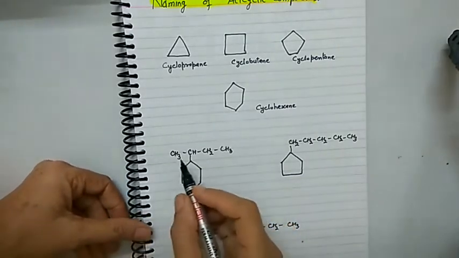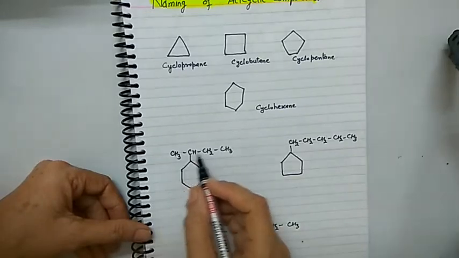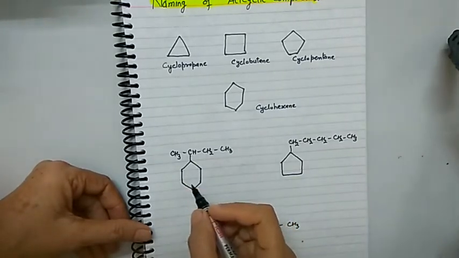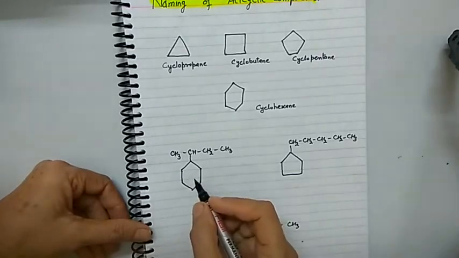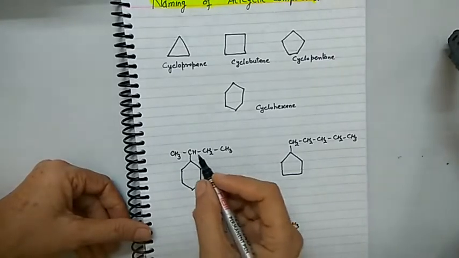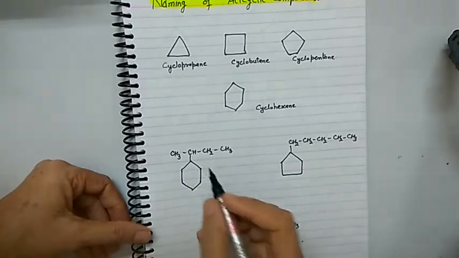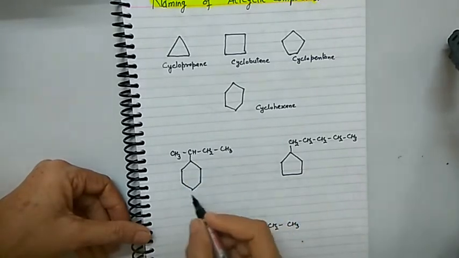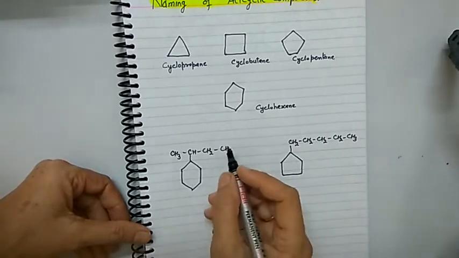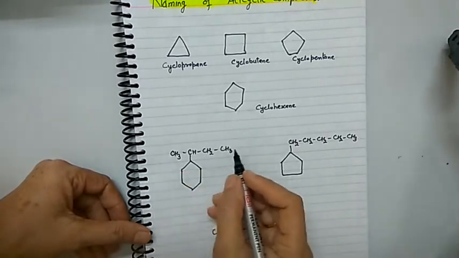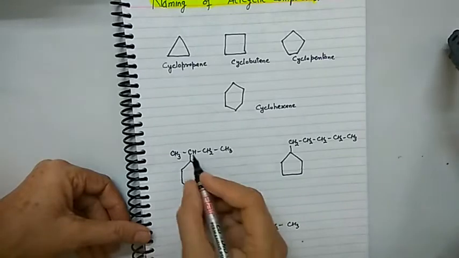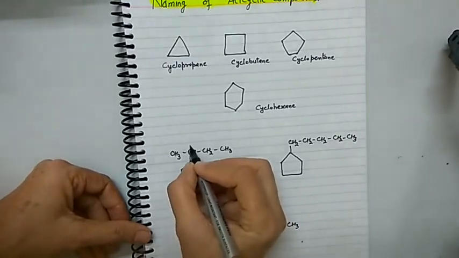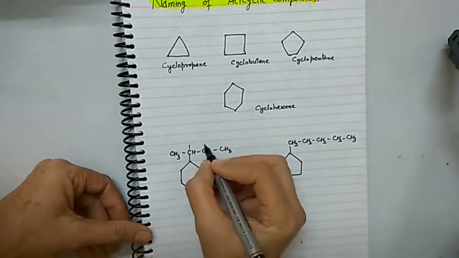In that case, we count the number of carbon atoms in the open chain as well as in the closed chain or ring. Whichever has the higher number, we consider the compound to be a derivative of that. Now look, the open chain contains 4 carbon atoms and the ring contains 6 carbon atoms. So this open chain will be considered as a substituent. So how to name it? This substituent is attached to the ring at position 1. This is 2.